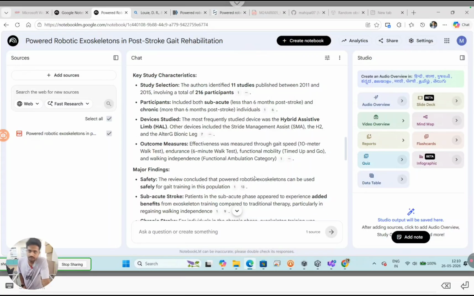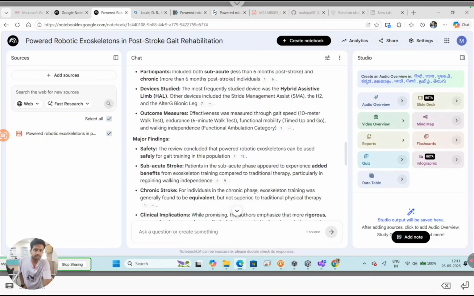Okay, key study characteristics. Study selection. The authors identified 11 studies published between 2011 and 2015, involving a total of 216 participants. The participants included both subacute, less than 6 months post-stroke, and chronic, more than 6 months post-stroke, individuals. Device studies. The most frequently studied device was the Hybrid Assistive Limb, that is HAL.